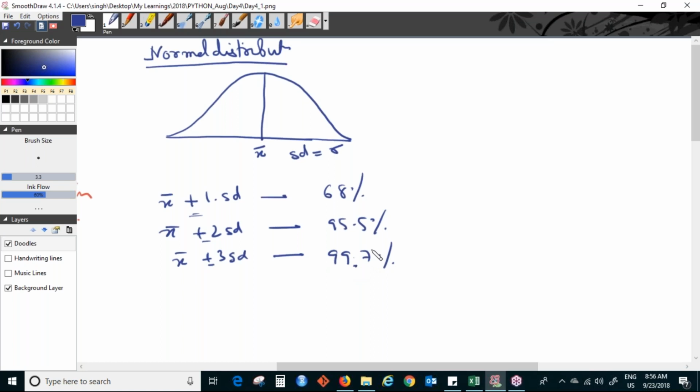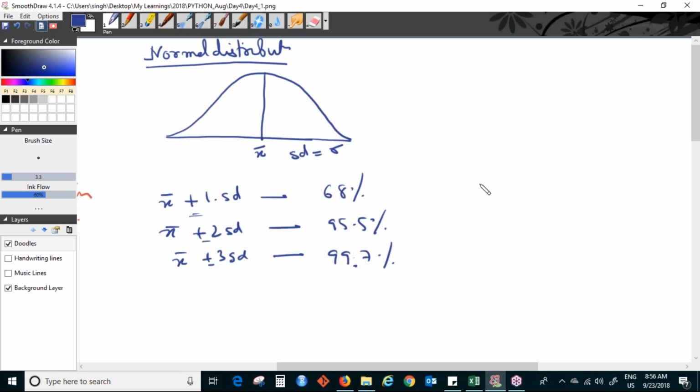So you get basically almost everything. That means if you go three standard deviations away from the average on both sides of a normal distribution, you get almost all of your data, because 99.7% is almost all of your data. So this is what a normal distribution tells us.